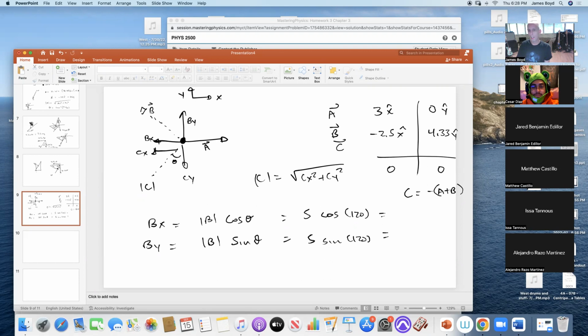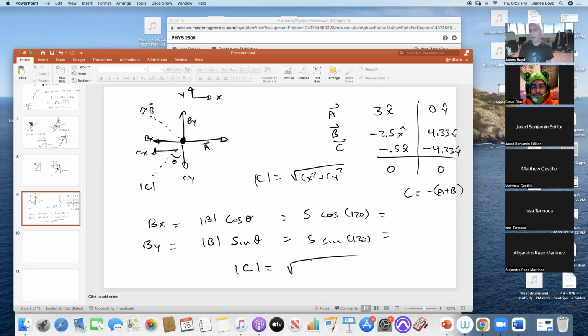So 3 minus 2.5 is 0.5, and C needs to be minus 0.5. Hopefully that makes sense to you. C has to balance everything in the X, and C has to balance everything in the Y, which is a little bit easier because we only have one component in the Y. So now we have CX and CY.